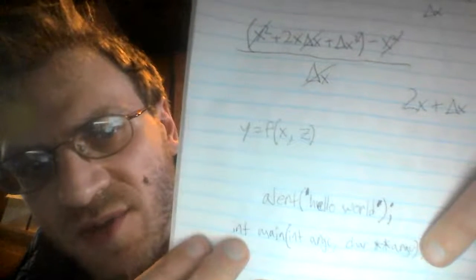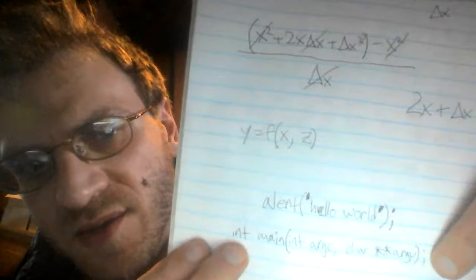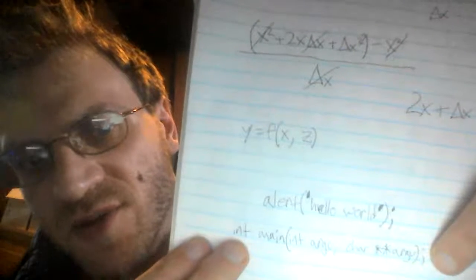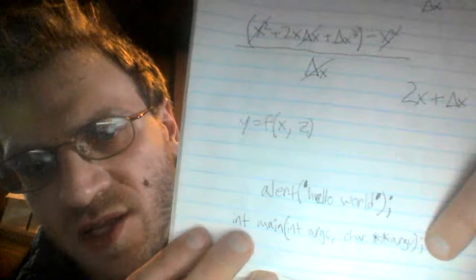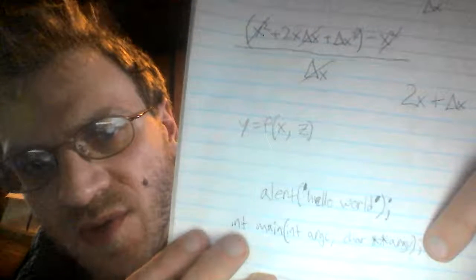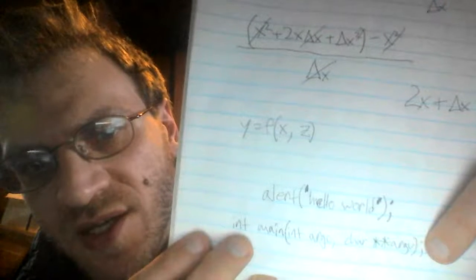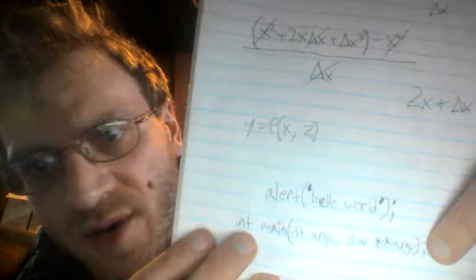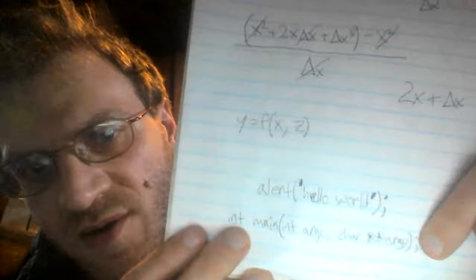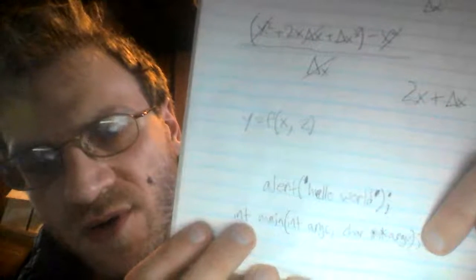And because I put a semicolon at the end, it's not the actual definition of the function. What this particular statement would say in C is somewhere in the program there's a main function that has this declaration.